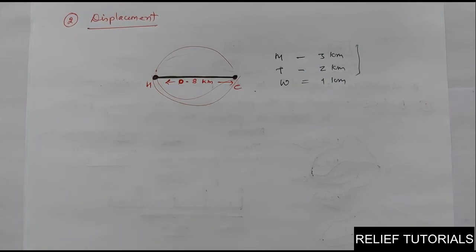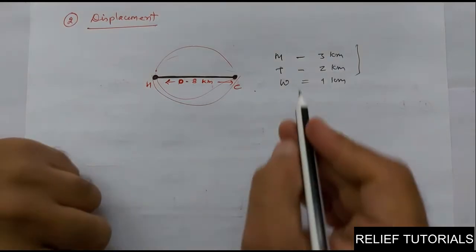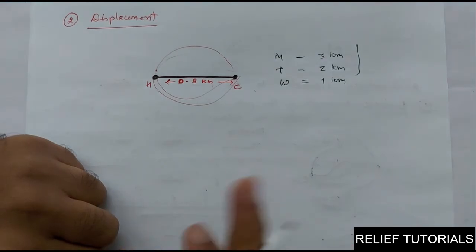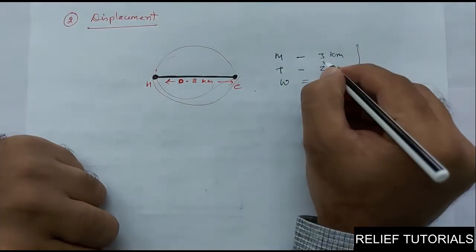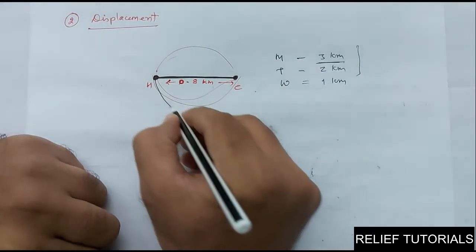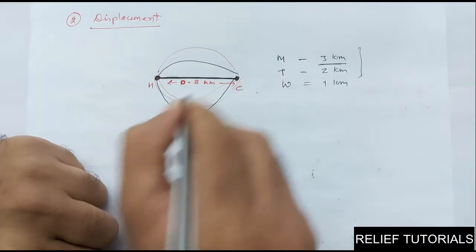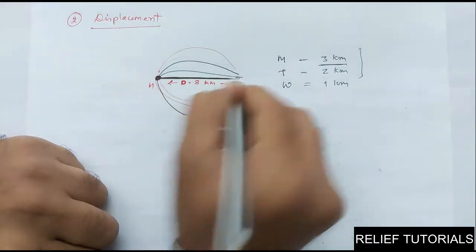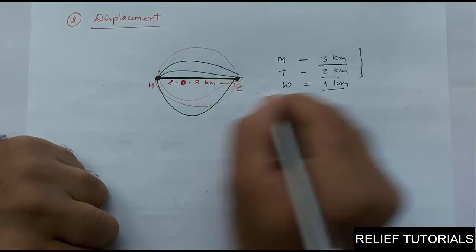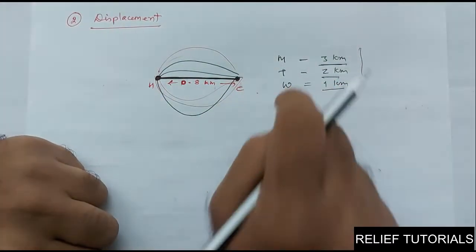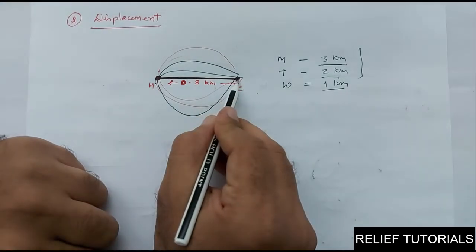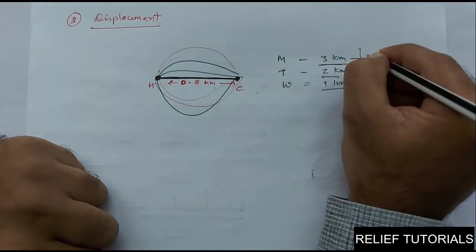So if I ask you what is the distance traveled by you on Monday, it is 3 kilometer because you have taken a 3 kilometer path. On Tuesday you have taken the 2 kilometer path. On Thursday you have taken the 1 kilometer path. So distance is different because the paths are different, but in each case you are going from home to class only.